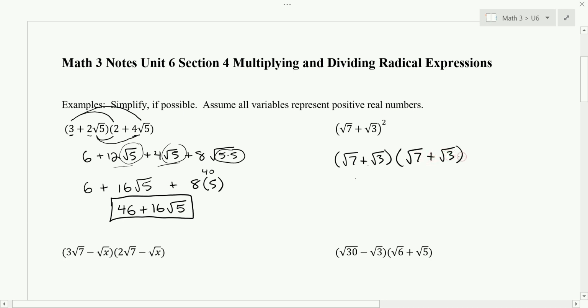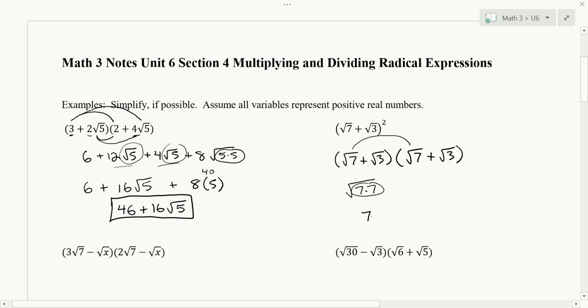So you have to rewrite it that way first, otherwise you'll end up with the wrong answer, okay? And then you go through the distributing. Square root of 7 times square root of 7, the square root of 49, or you could say square root of 7 times 7, which we will end up getting 7 from that.